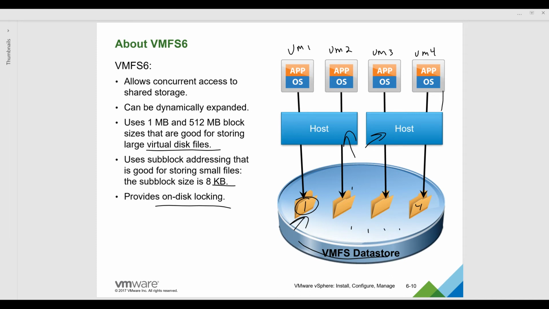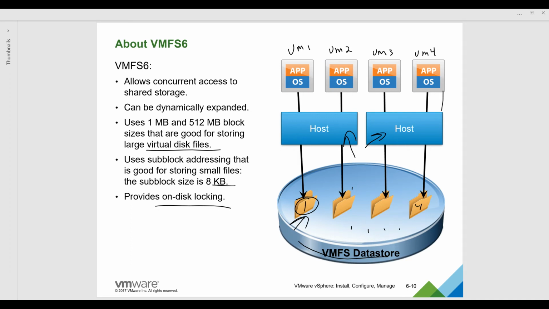VMFS has 3 kinds of SCSI-based storage devices. Direct attached storage, fiber channel, and iSCSI. Remember those: direct attached, fiber channel, and iSCSI.